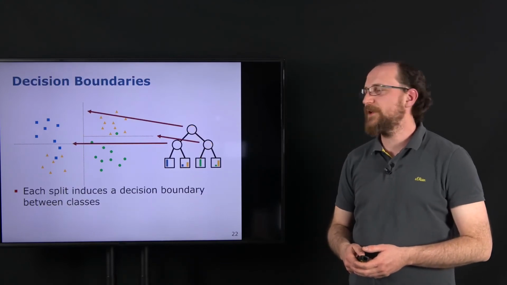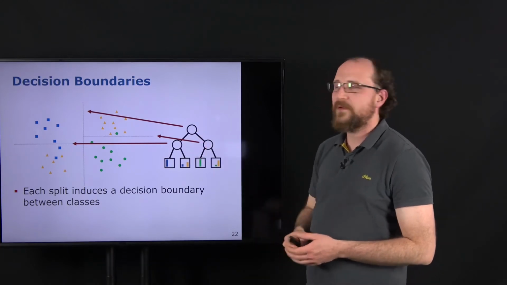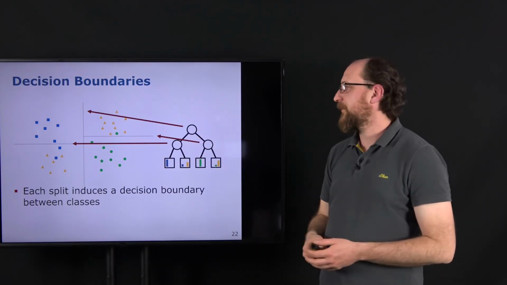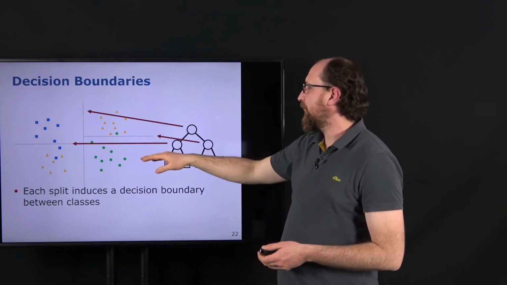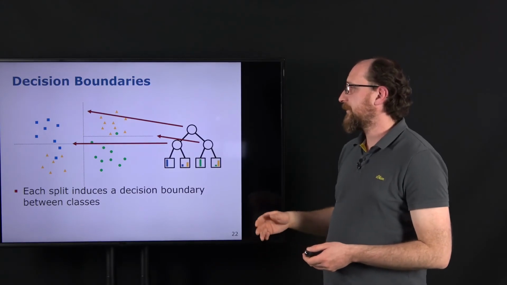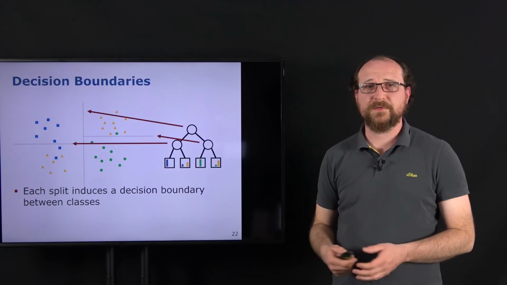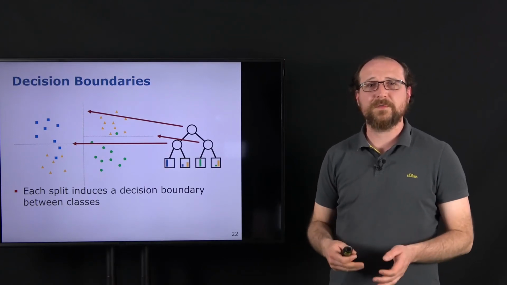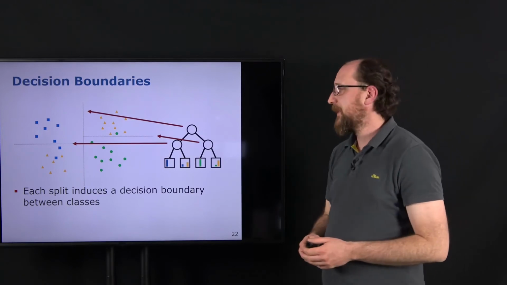And as you can see here, each split function in the nodes induces some decision boundaries. So that means at these decision boundaries, the class will change from one class to another. This is usually something that you will also see when you talk about classification models, that you have the decision boundaries, which tell you where the class changes in the end.